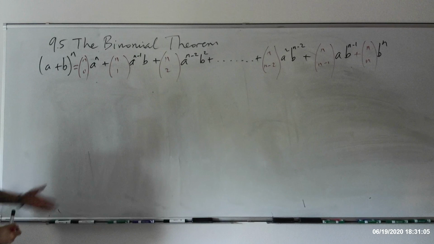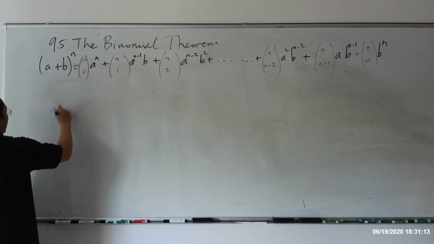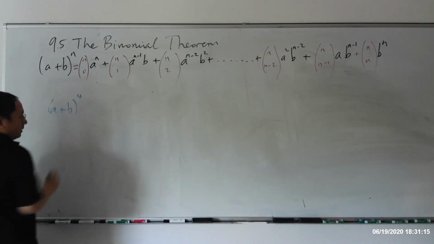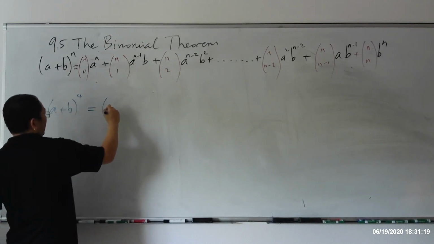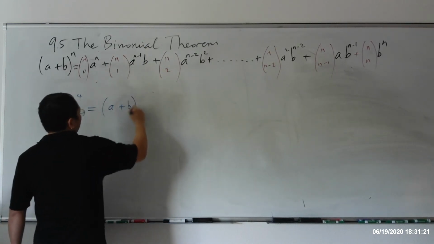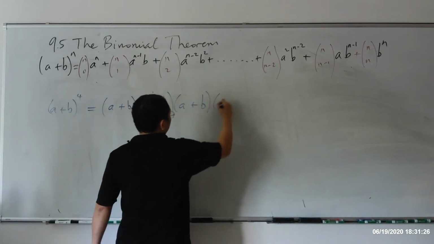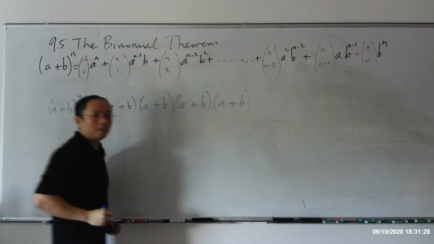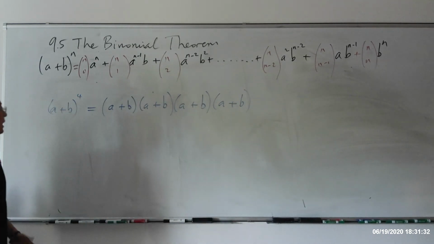Let me try to explain it to you using a small exponent. Say I've got a plus b raised to the 4th exponent. What does this mean? It really means a plus b times a plus b times a plus b times a plus b, 4 times total. You have to FOIL everything out, and you have the terms.